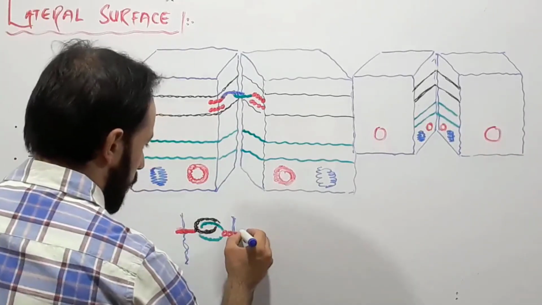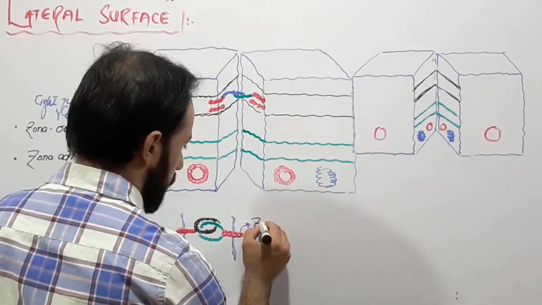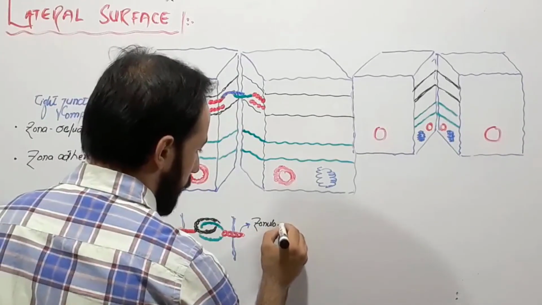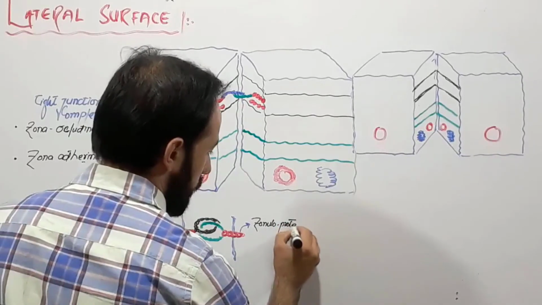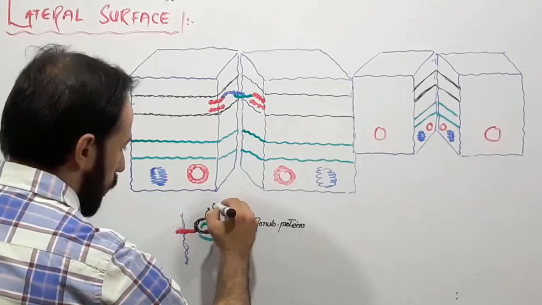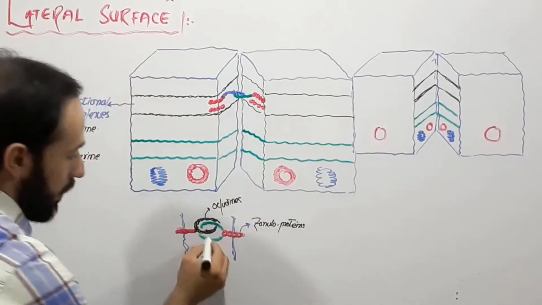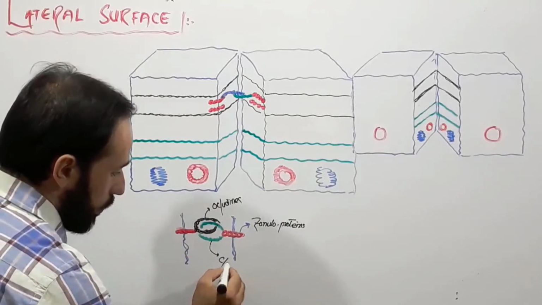So what are these proteins? First of all, these are called the zonular proteins, right friends. These are called the occludens, and these are called the occludens.